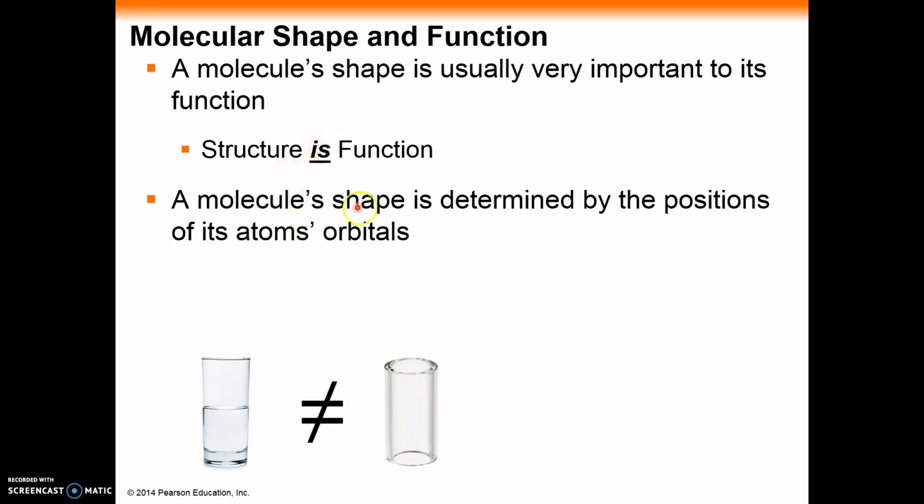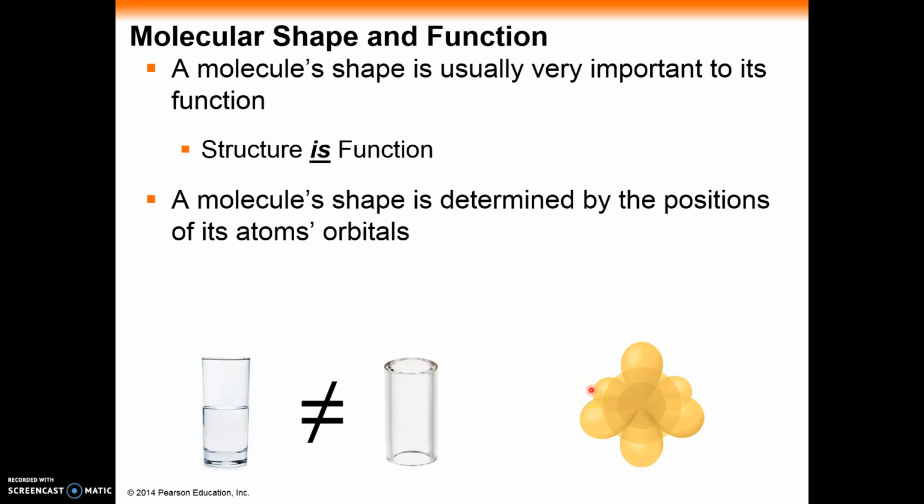Now, a molecule's shape is determined by the position of its atoms' orbitals. Okay, and you guys remember orbitals, right? Here's the first shell s orbital, here's the second shell s orbital, and then we have the 3 second shell p orbitals. Okay?